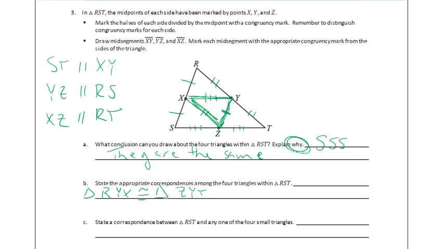So that's congruent to triangle YZX for the 1, 2, 3. Whoops, accidentally erased. So YZX, and we've got one more triangle. So 1, 2, 3 is SXZ.